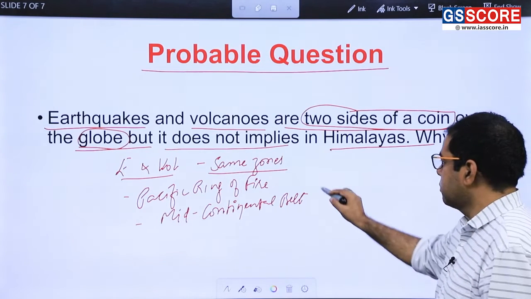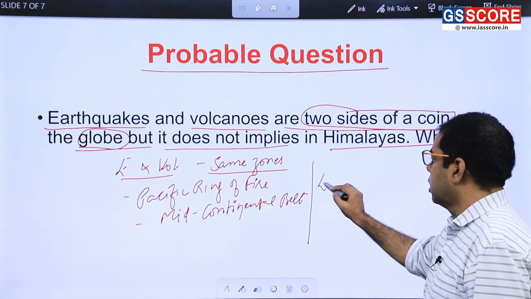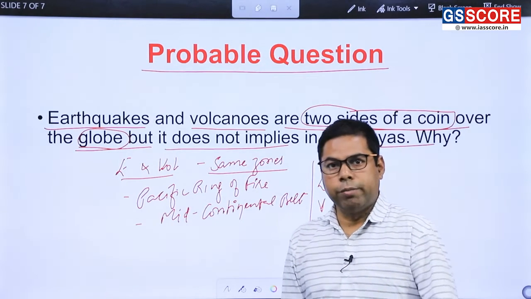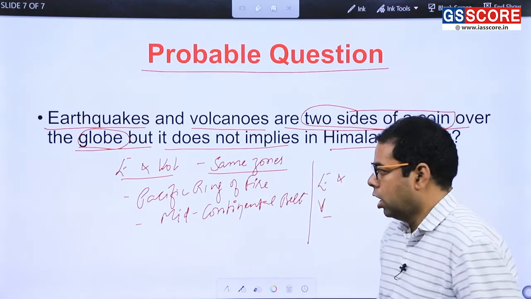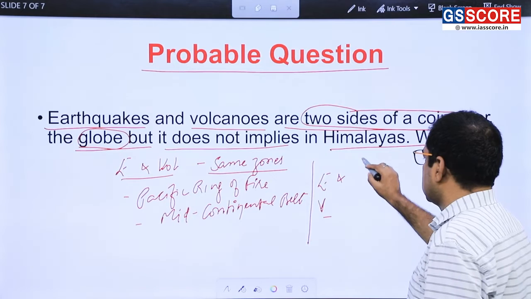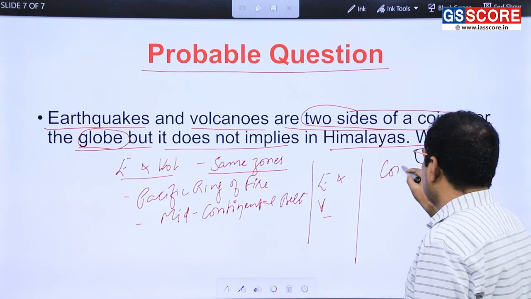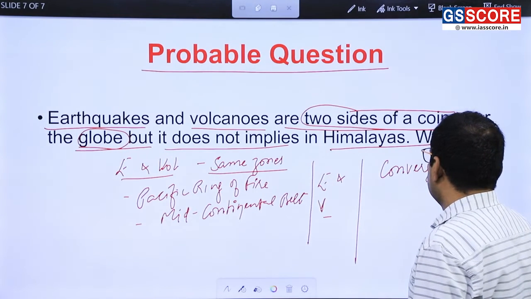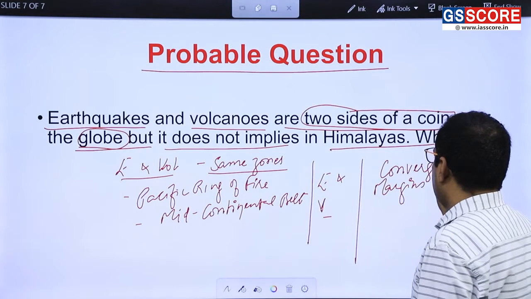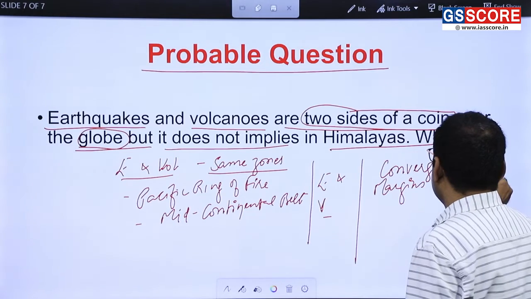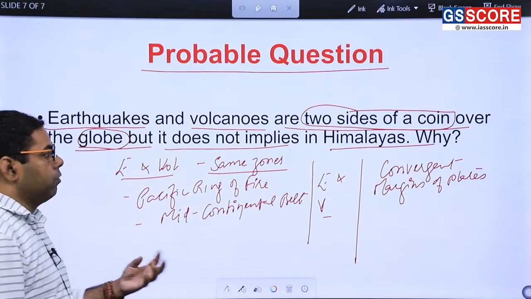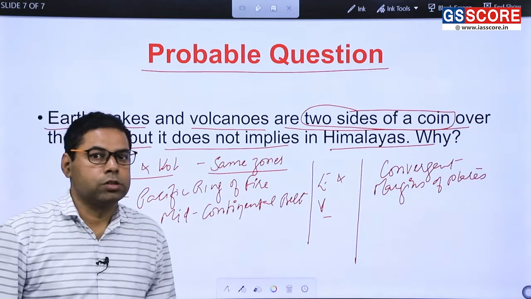These are the areas where earthquakes and volcanoes occur simultaneously or side by side. But they are on the margins of convergence of plates, or on the convergent margins of plates, right? So there is some evidence where the volcanic eruptions are not there.